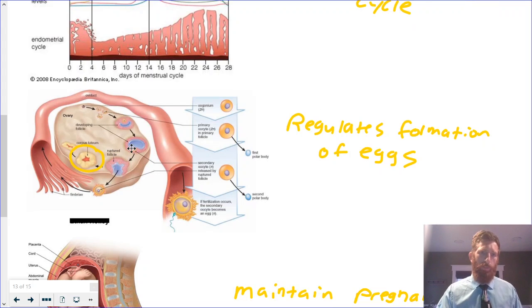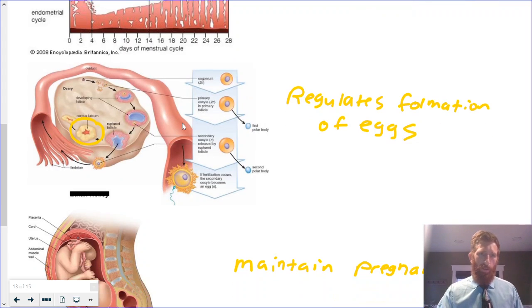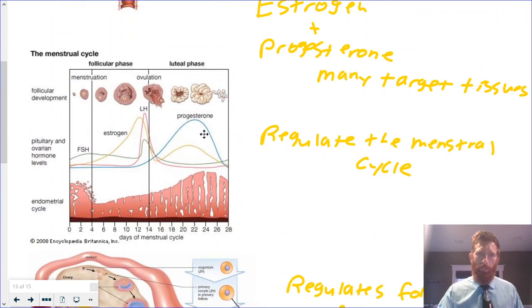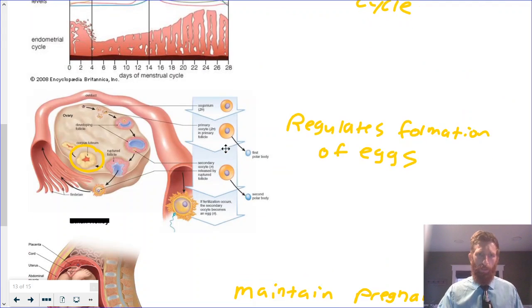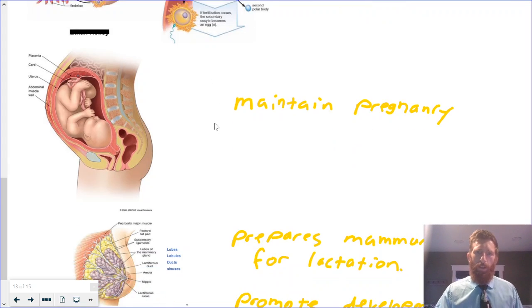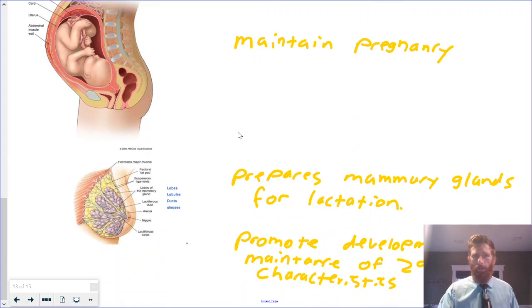Also, we'll talk about this in reproductive physiology, but it regulates the formation of eggs in the ovary. It also, as we already talked about, maintains pregnancy, from the very, very beginning all the way through 9 months or 40 weeks, which doesn't really add up, but we'll talk about that later. And then also, if the female is pregnant, it prepares mammary glands for lactation, right?